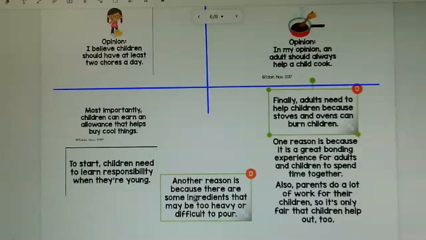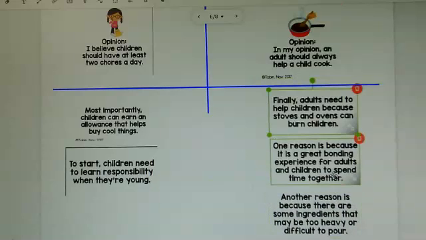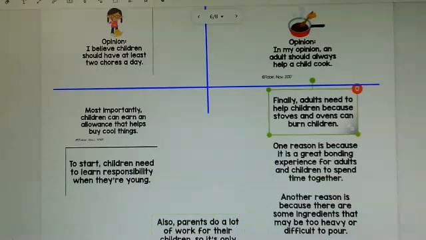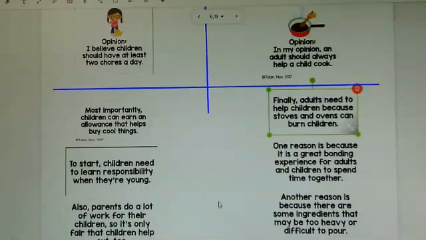Ooh, the word ingredients makes me think about cooking. So I'm going to put it over here. How about this one? Also, parents do a lot of work for their children, so it's only fair that children help out too. Well, in this one, the adult and the child are cooking together, so it's not a child doing something or helping out. They're doing it together, so this one must be also talking about chores.